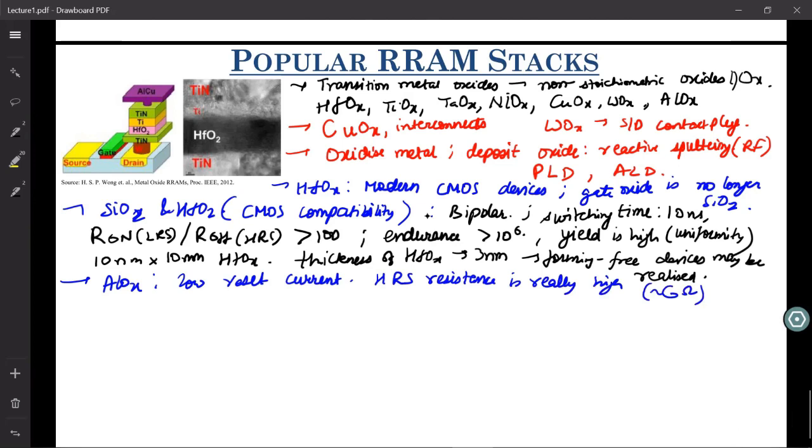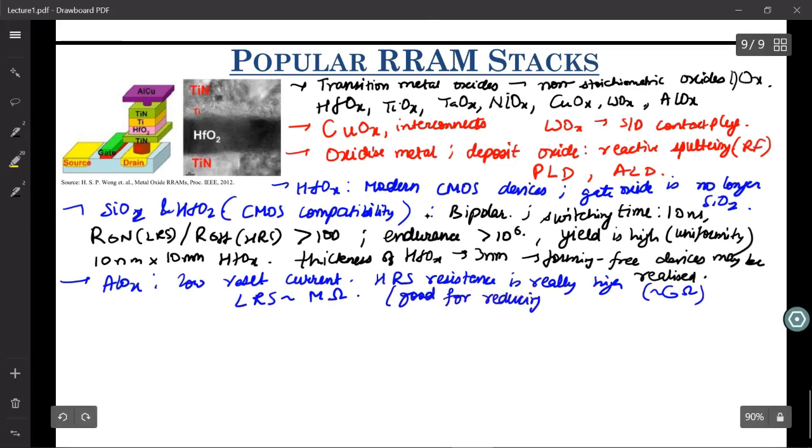However, the problem is that if your HRS is really high, your LRS will also be high. So your LRS here is also in some megaohms. So it's good for reducing your static leakage current, because your reset currents are in the range of some 100 nanoamps. That is actually good.